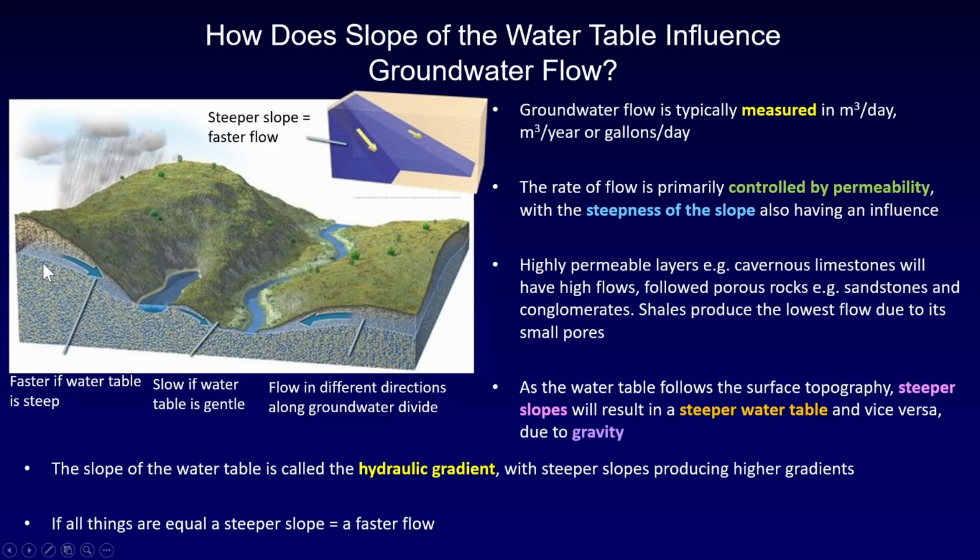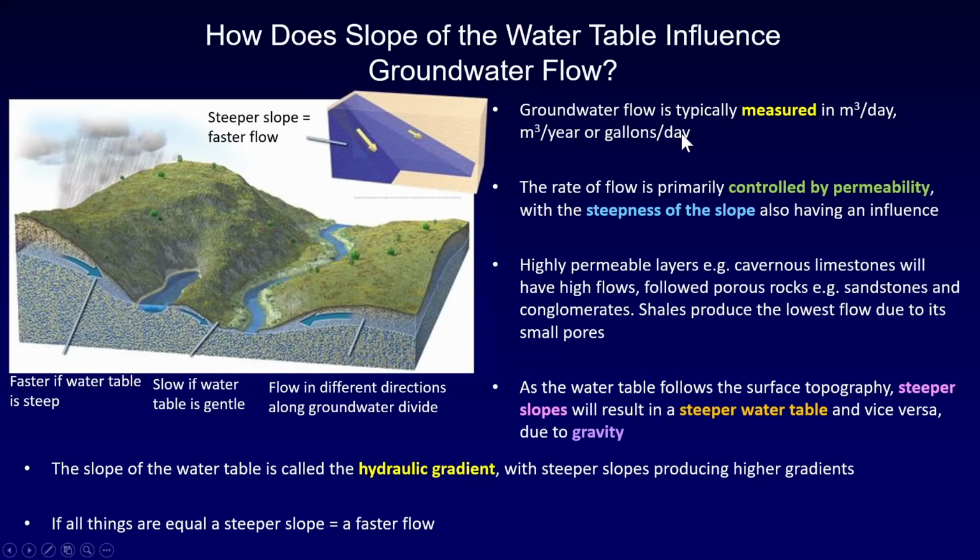You will see that the water table in this area has quite a steep slope following the topography above it. So this is obviously going to drive a groundwater flow down the slope of the water table. Once your water table begins to become more horizontal, the flow will steadily decrease.